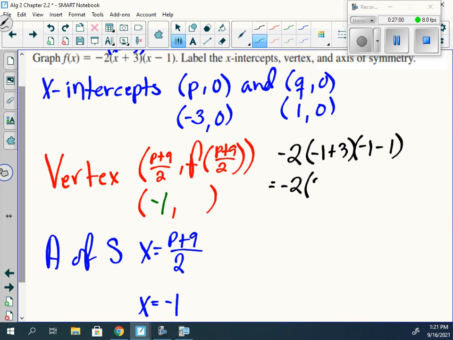Well, negative 1 plus 3 is 2. Negative 1 minus 1 is negative 2. And negative 2 times 2 is negative 4. And negative 4 times negative 2 is positive 8. And that's it. That's all we have to do for this here.